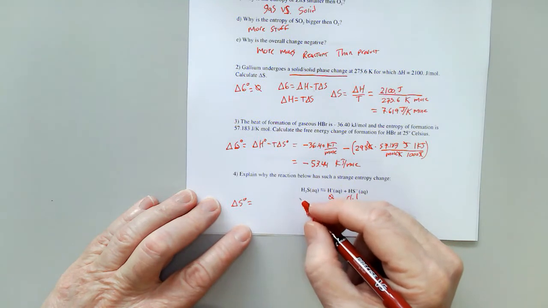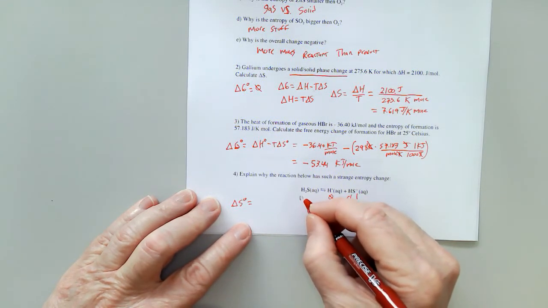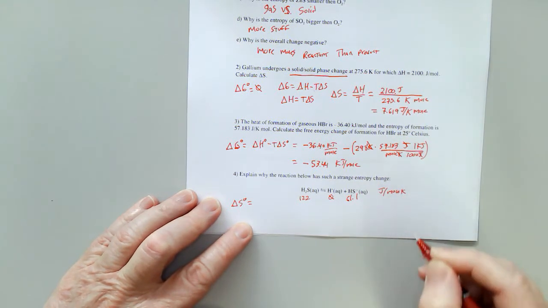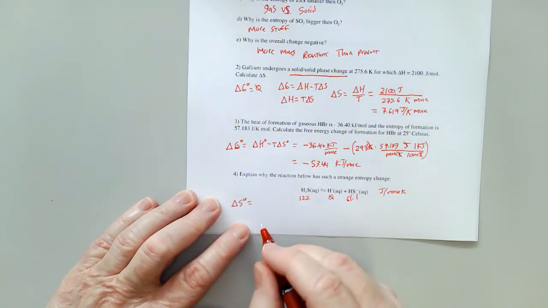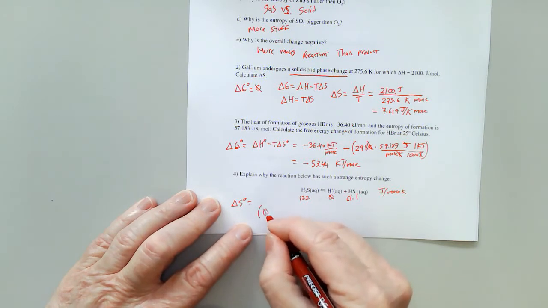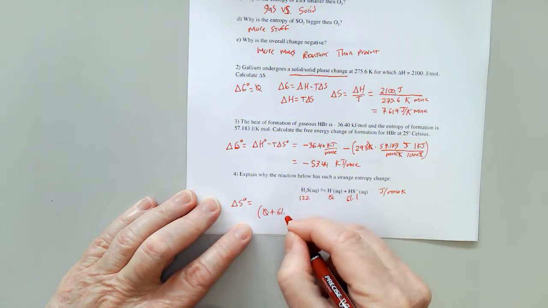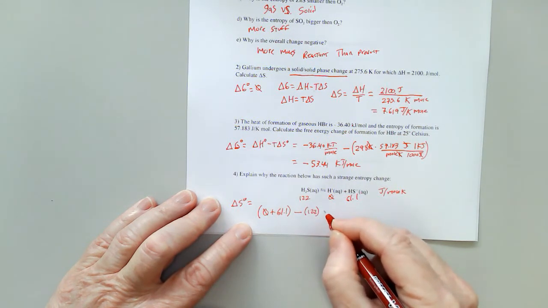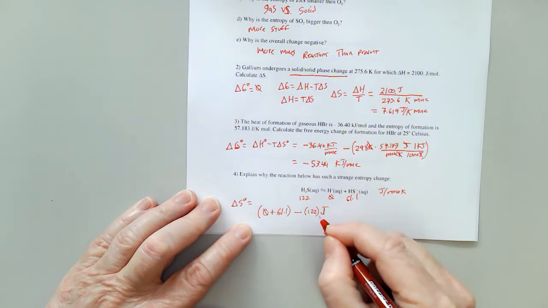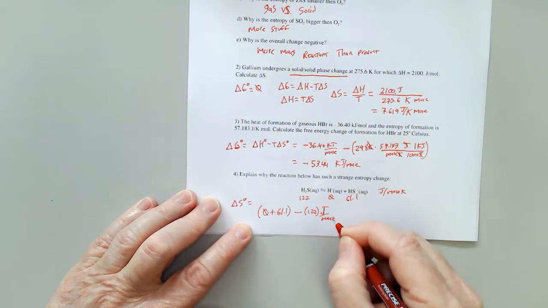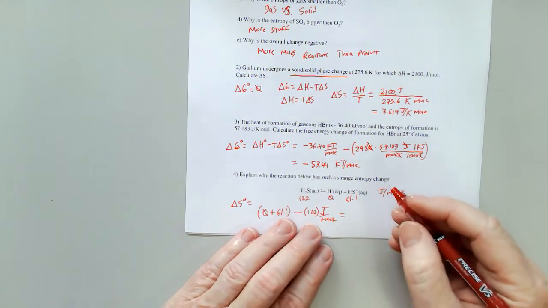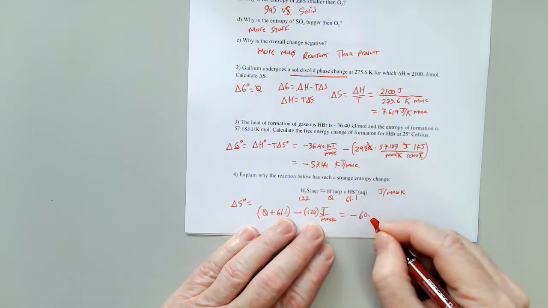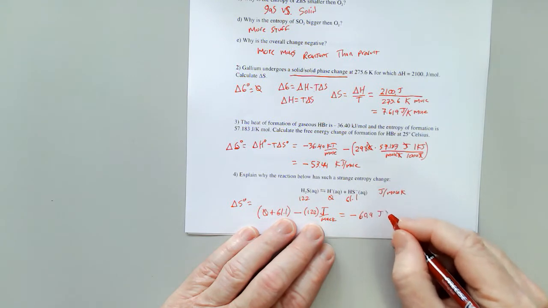For H2S, it is 122, all measured in joules per mole K. So when I do products minus reactants, I get 0 plus 61.1 minus 122, all in joules per mole K. And that comes out to equal negative 60.9 joules per mole K.